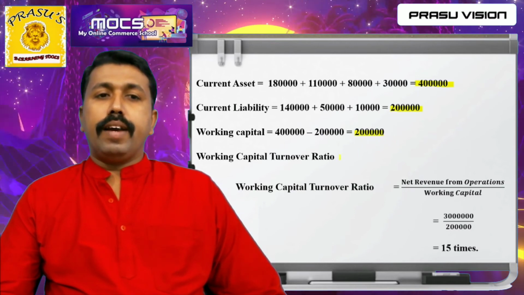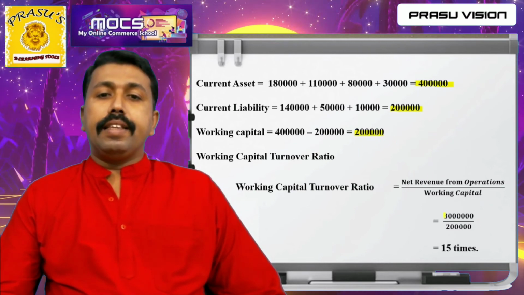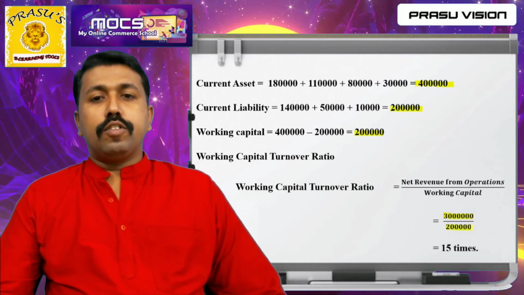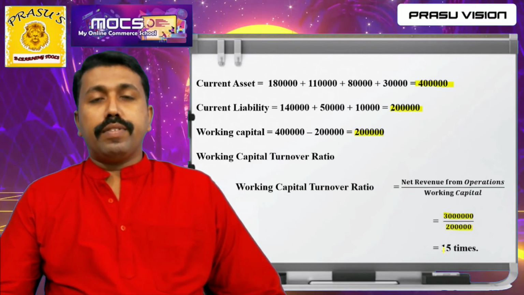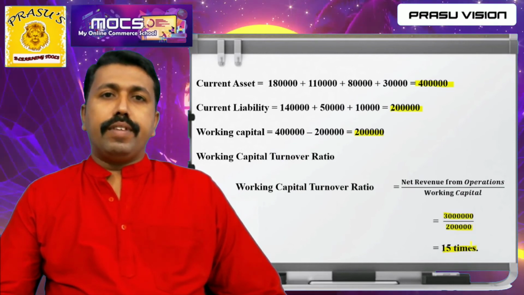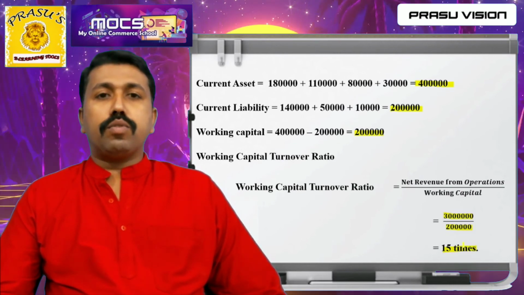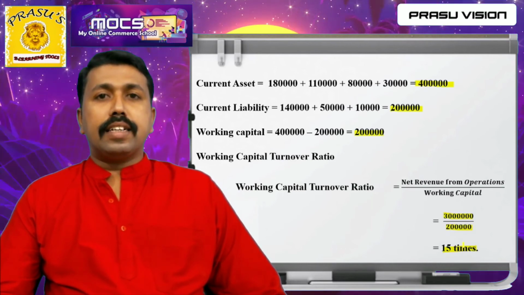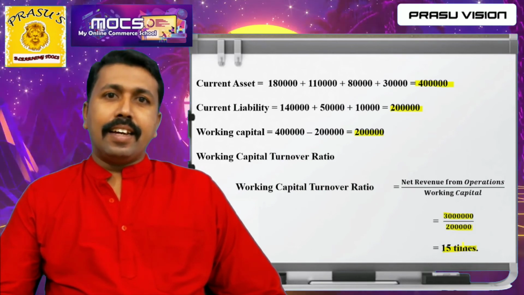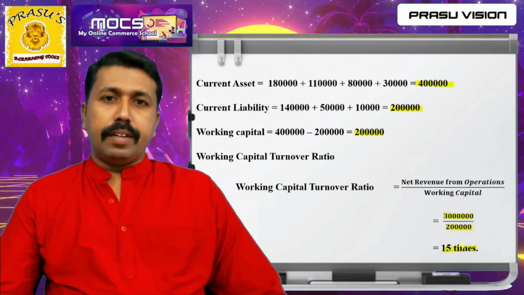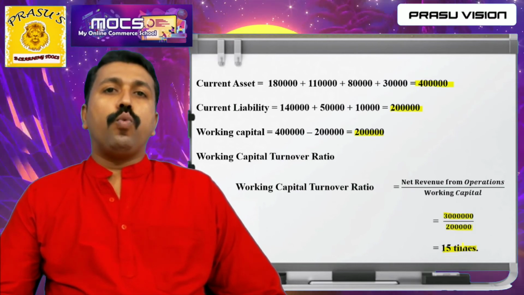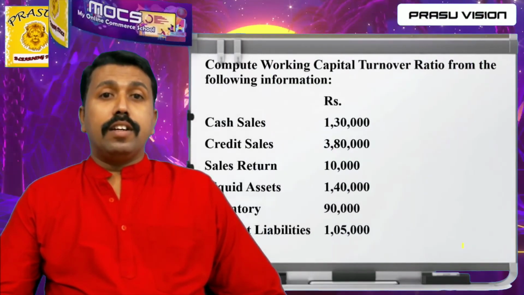So 2 lakh is the value of working capital. Applying in the equation, 30 lakh revenue from operation divided by 2 lakh, 15 times is the value of working capital turnover ratio. That means when we invest 2 lakh as working capital, we are getting 30 lakh as revenue turnover. So please keep in mind this another important ratio, the working capital turnover ratio.